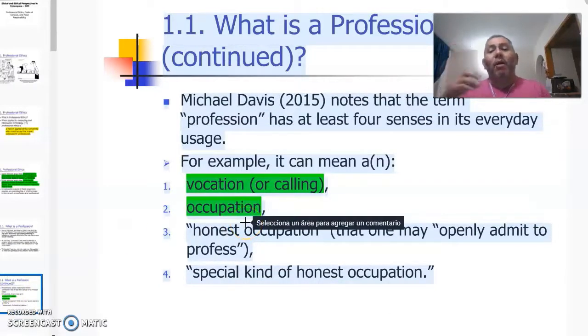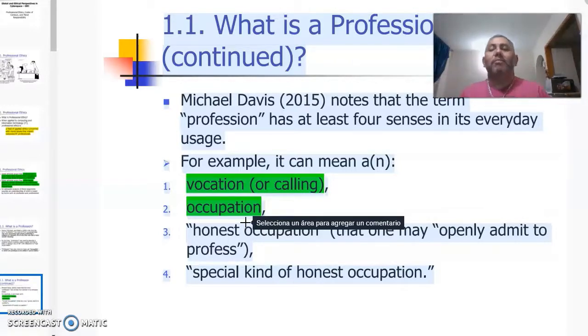Now, profession has other connotations. Davis, 2015, talks about four: vocation or calling, occupation, an honest occupation that you admit openly, and a special kind of honest occupation.